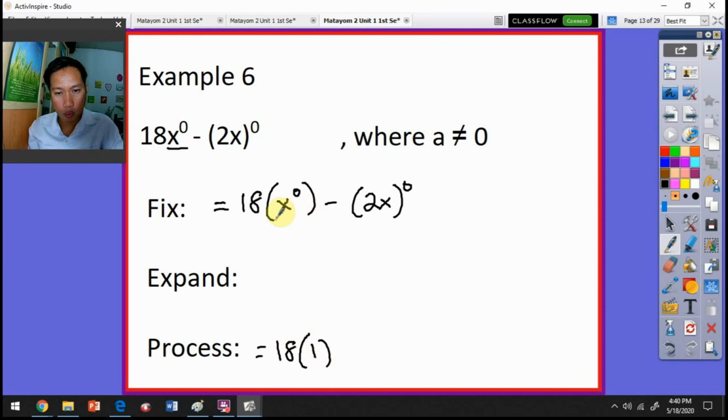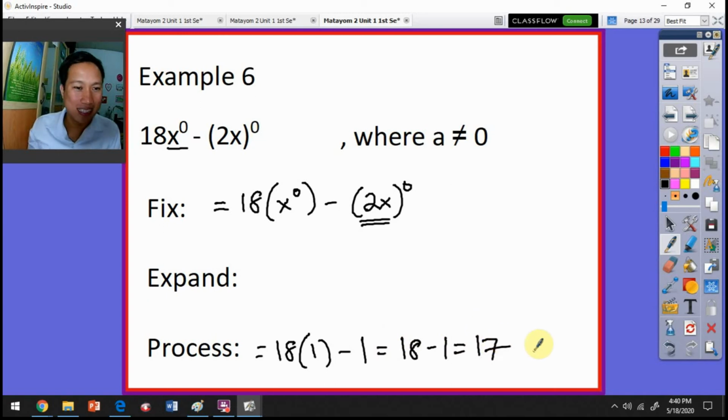So this will become 1 minus, and this one is a whole group. You see, this one has a parenthesis. Since it's inside the parenthesis, everything here is included in the exponent. So you have 1. So 18 times 1 is 18 minus 1. So the answer here is 17.